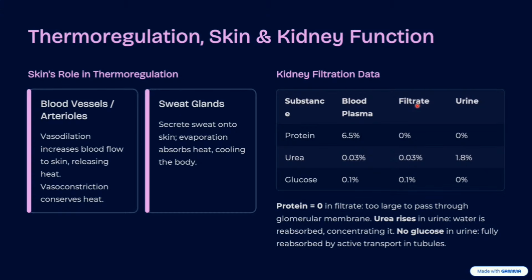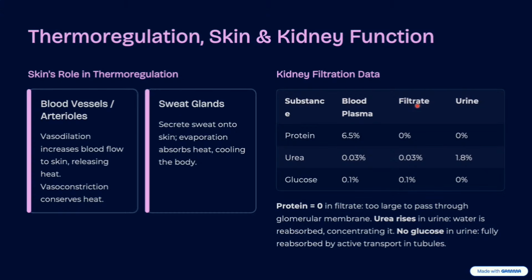Then we have 0.03% urea, and 0.1% glucose in that filtrate. Now, in the urine, water is 60%, 0% proteins, 1.8% urea, and then 0% glucose. Question part A, why is the concentration of protein in glomerular filtrate and urine 0?